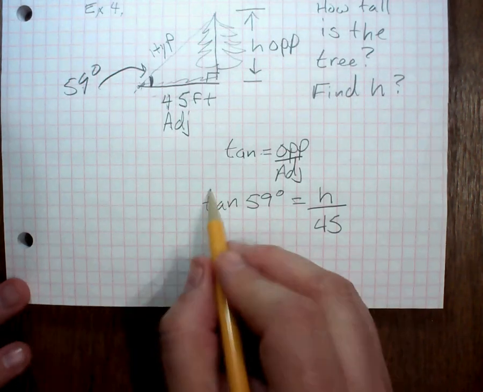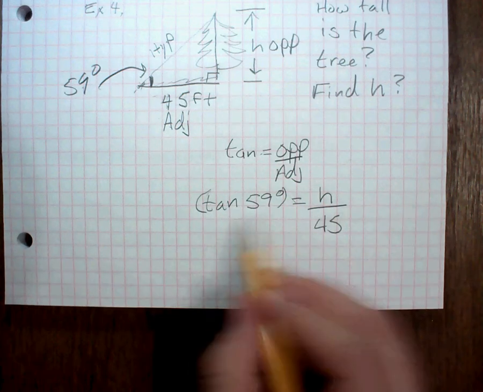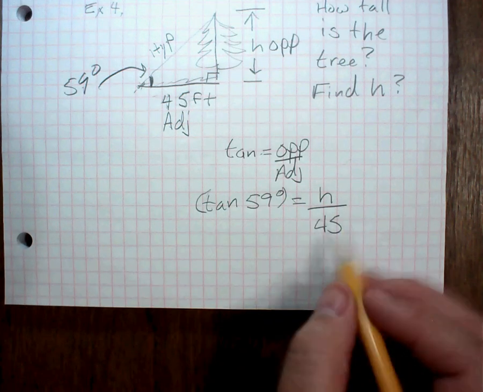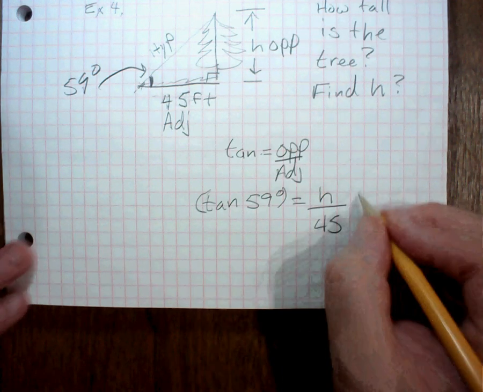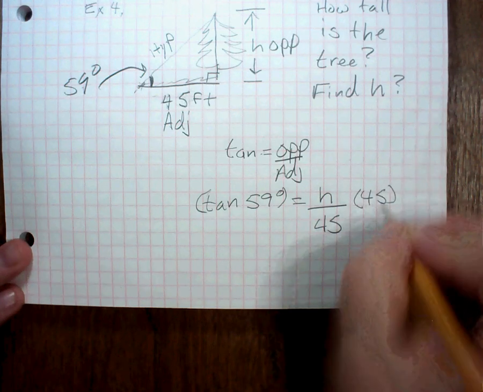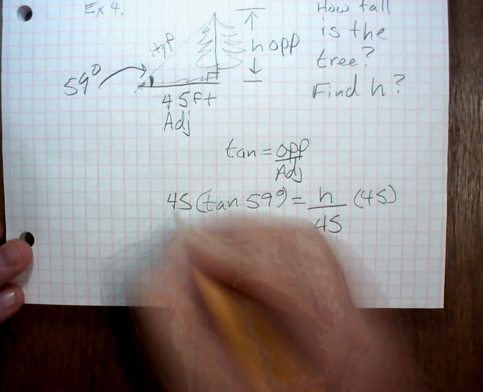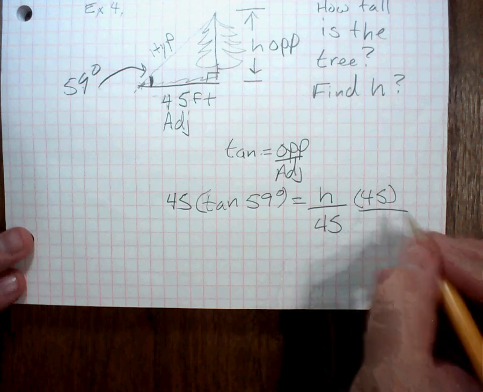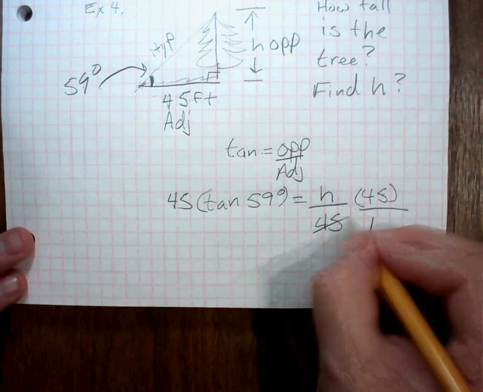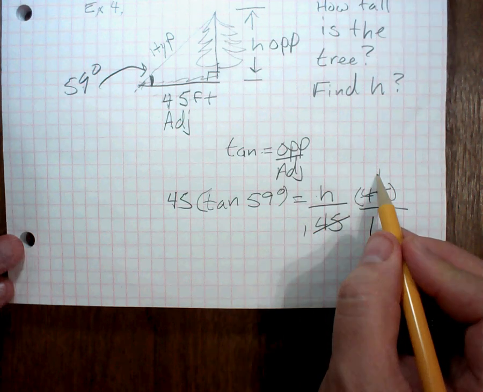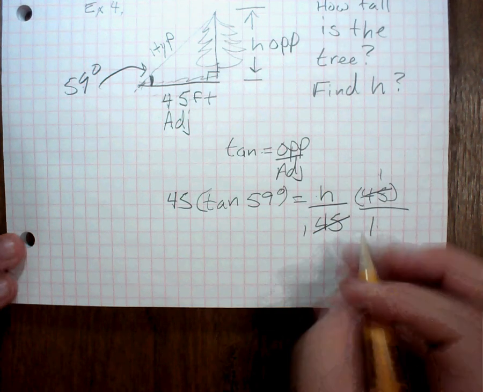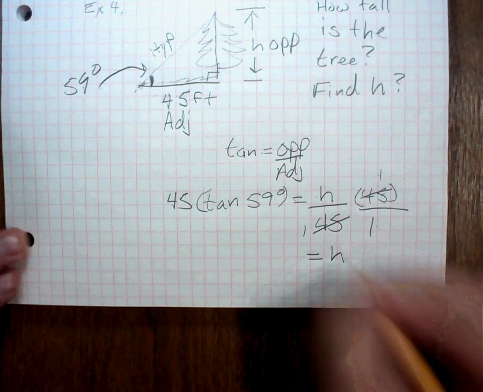I'm going to leave this alone for now because I can plug that in the calculator later. If I want to get h by itself, then I need to do the opposite operation of divide by 45, which means I'm going to multiply by 45, and whatever I do on one side, I have to do on the other. 45 divided by 45 is just 1, so the 45s cancel. H times 1 is h, over 1 times 1 is 1, h over 1 is just h.